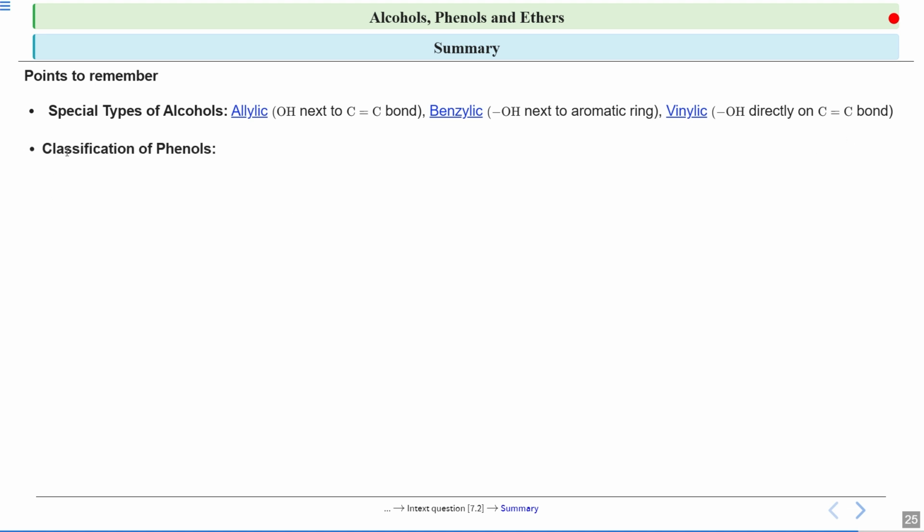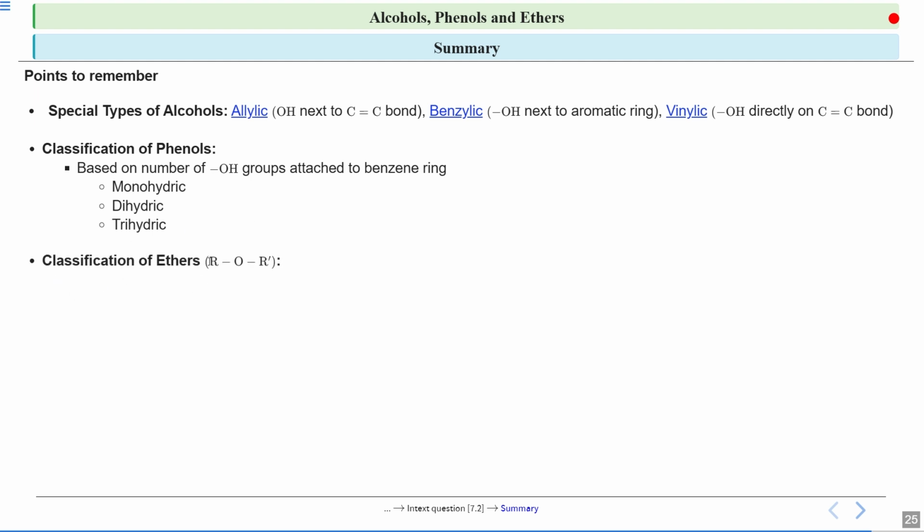And then we have seen the classification of phenols, based on the number of hydroxyl groups attached to the benzene ring. They are classified as monohydric, dihydric, and trihydric. Monohydric means only one hydroxyl group is attached to the benzene ring, dihydric two, and trihydric three hydroxyl groups attached at different positions of the benzene ring.